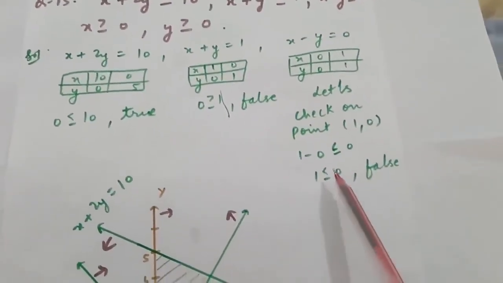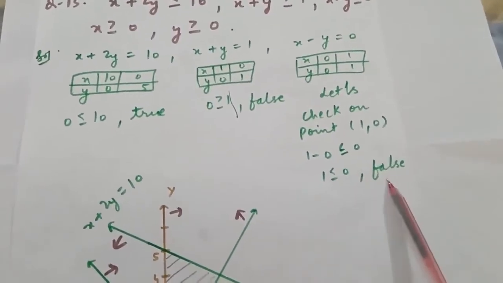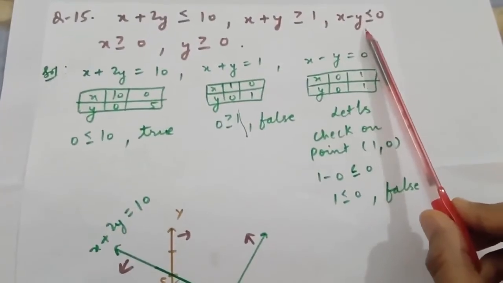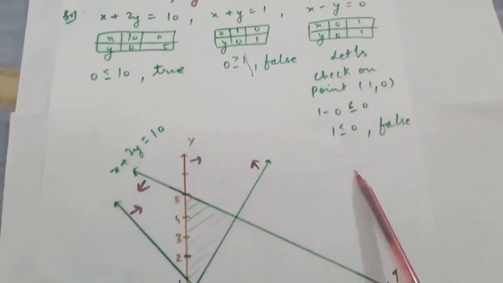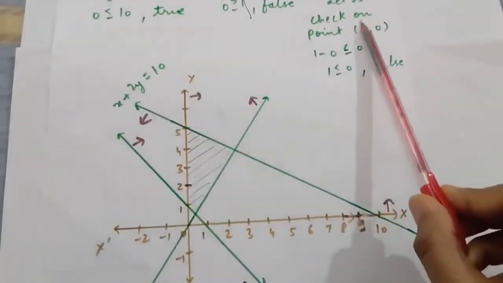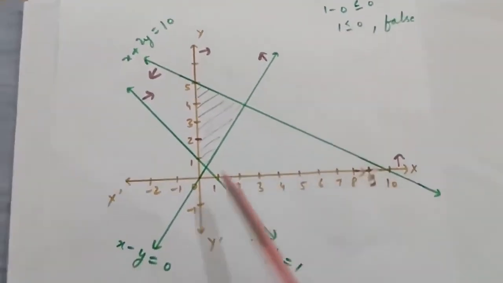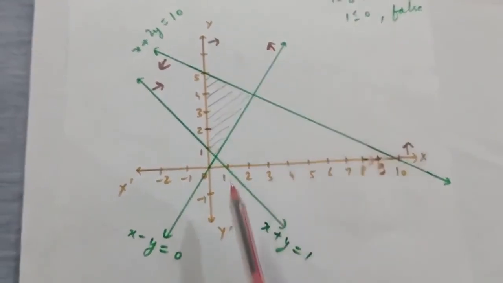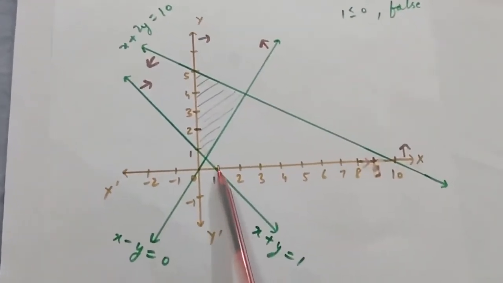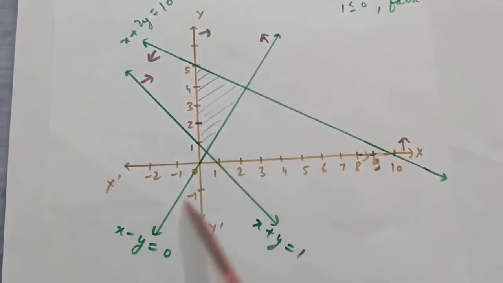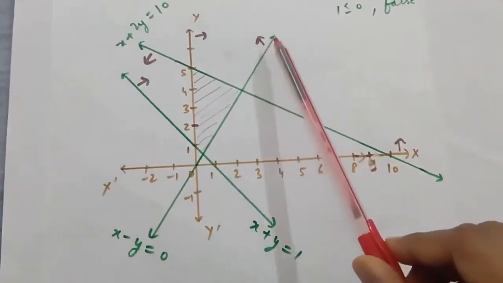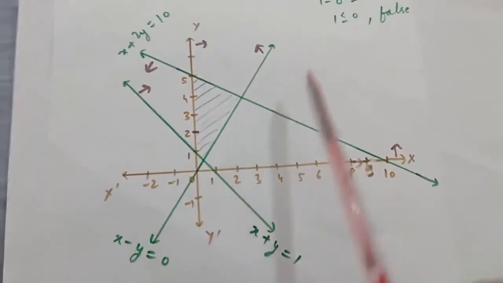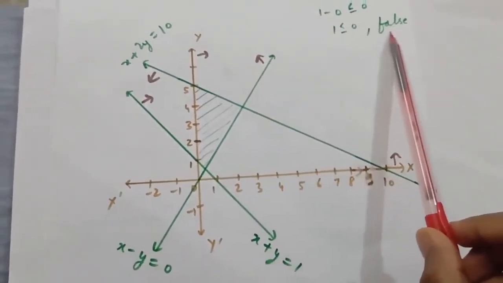So 1 is equal to less than 0, which is false. Therefore the solution of this inequality will lie in that portion in which the point 1 0 is not there. So see, this is the portion which contains the point 1 0. Therefore the solution of this line will lie away from this portion, because it includes the point 1 0, and this point does not satisfy the given inequality.